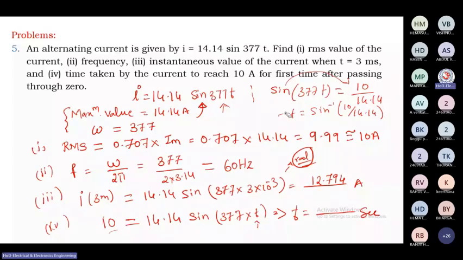So this value should come here. So that you can find, right? So that simple substitution.